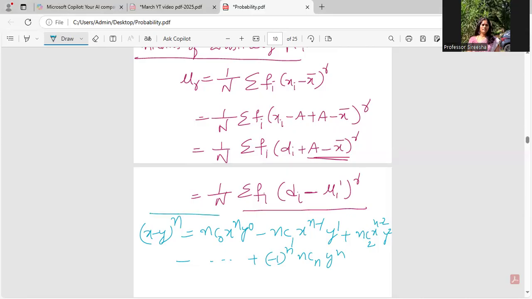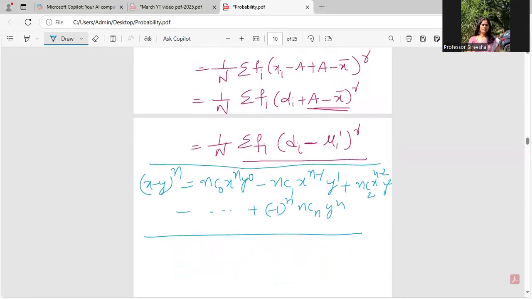Using the same formula, I'll rewrite the above (d i minus mu 1 prime) power r. All of you know the binomial expansion, right?